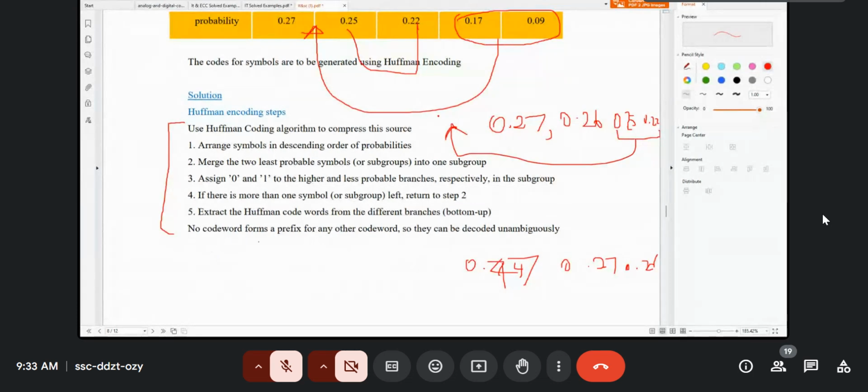No code word forms a prefix for any other code word, so they can be decoded unambiguously. We are saying once you use this algorithm, what you get is uniquely decodable, or rather, unambiguously decodable, because no code word forms a prefix of another code word.